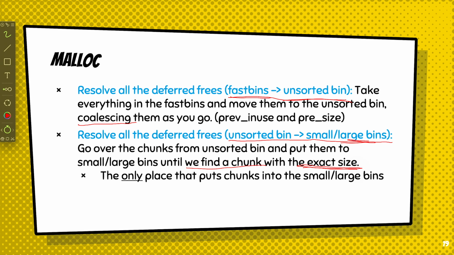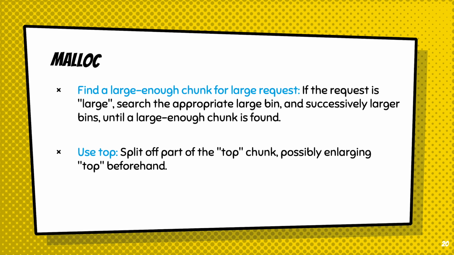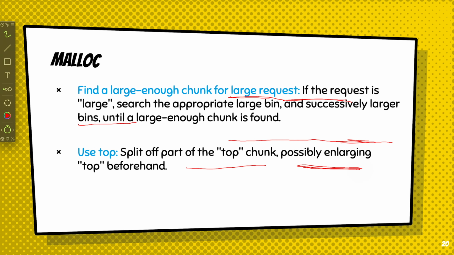However, if we cannot find a chunk with the exact same size from this step, then we move on to the next step, and here we just find a large enough chunk. As long as we find a chunk that fits the current request, we stop there and use this chunk.